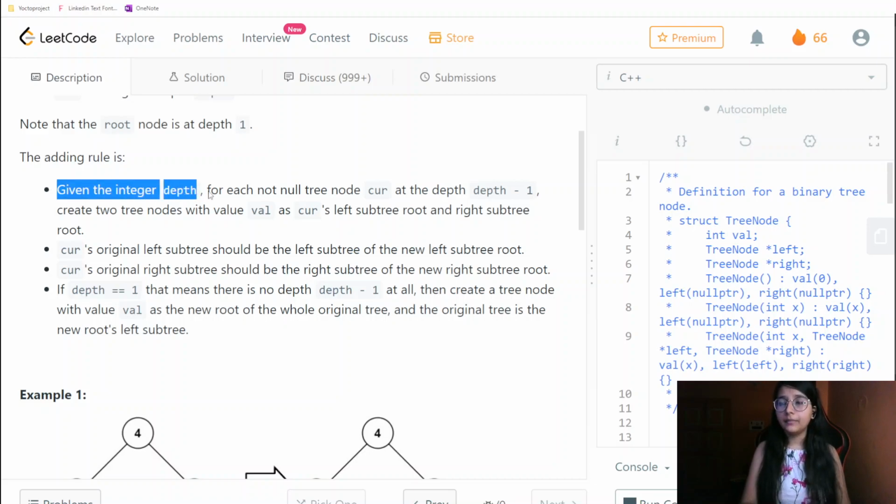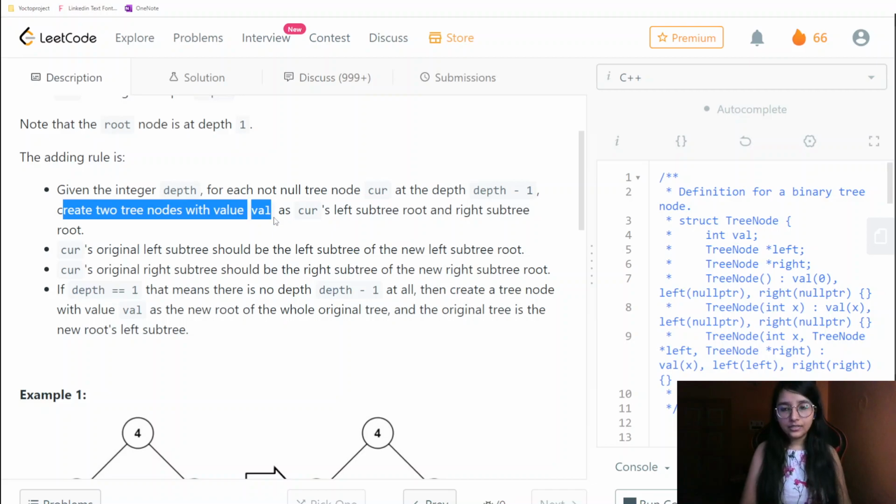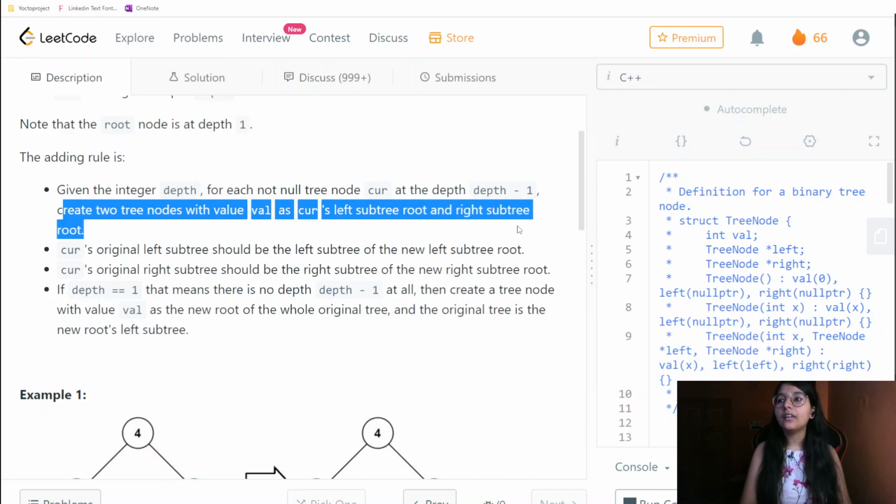Given the integer depth, for each not null tree node cur at depth minus 1... So basically, when our tree is not null, meaning it has some root, some node at depth 1, then in that case we are required to create two tree nodes with value val, which is also given to us, as cur's left subtree root and right subtree root.